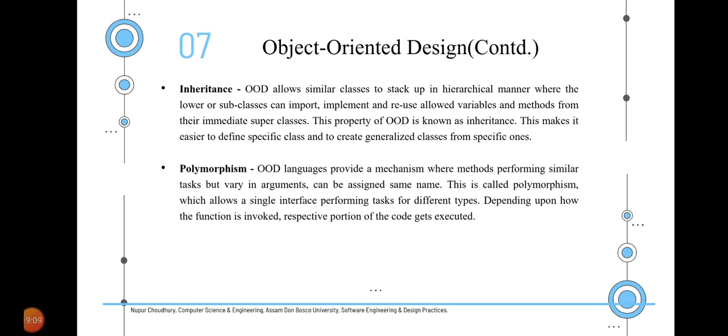Polymorphism is another phenomenon which provides a mechanism where methods performing similar tasks but varying in arguments can be assigned the same name. For example, you are multiplying two integer numbers and two floating point numbers.